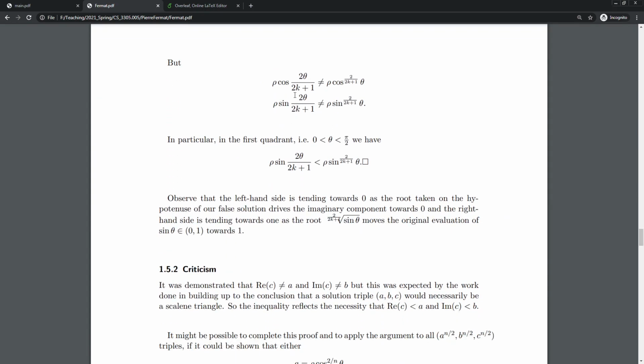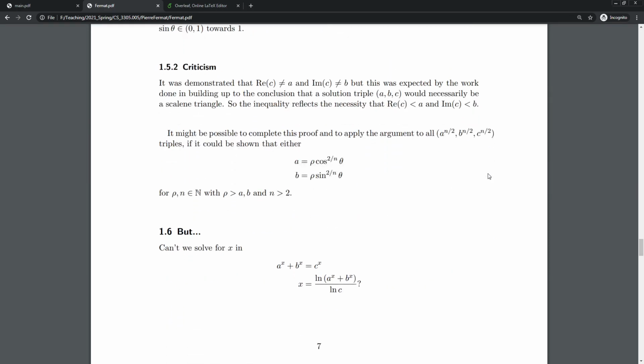And so we show that no matter what you end up with for the real and imaginary parts, you end up taking this exponent to, or cosine for the real part, cosine to the 2 over n, really, right? And sine to the 2 over n. And we know that theta falls in pi over 2 or whatever, and so in that range we're able to show that they're not equal.